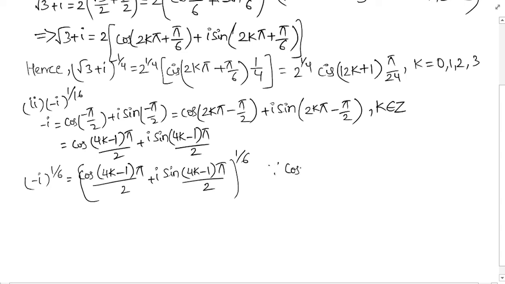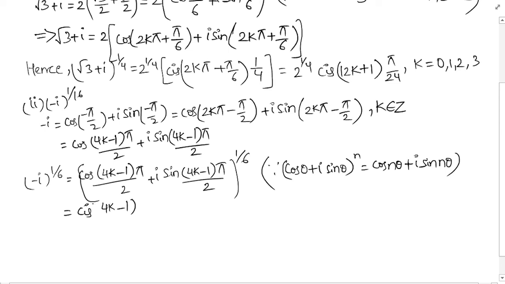Since we know that cos theta plus i sin theta to the power n will be equal to cos n theta plus i sin n theta. Okay. So now this will be equal to cis 4k minus 1 into pi by 12, where k is equal to 0, 1, 2, 3, 4 and 5. Okay.